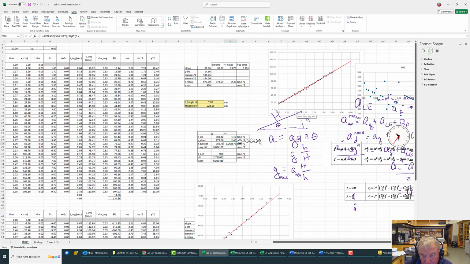It should get better than 2.46, but let's just be safe. Okay, so we'll say here equals this plus this, and divide by SQRT 2.